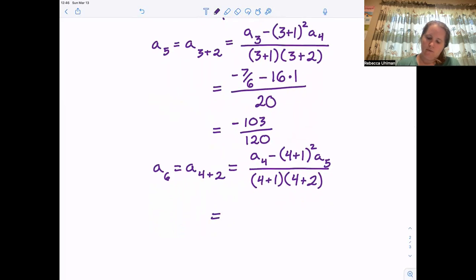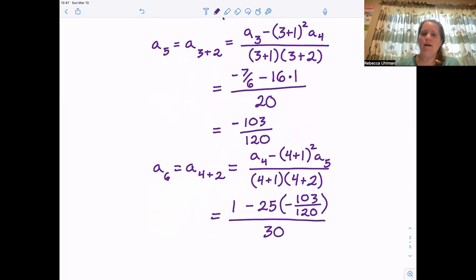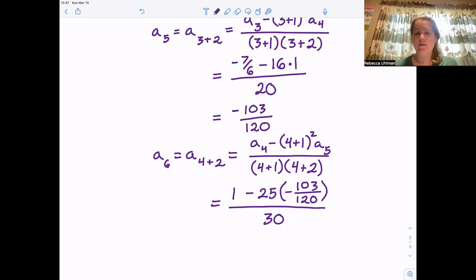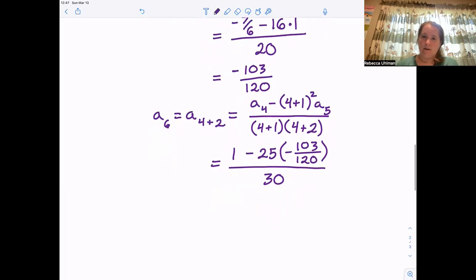A sub 4 was 1 minus 25 times negative 103 over 120. All of this divided by 30. And I'm going to just leave it at that at this point. But as you can see, we can find the coefficients. Actually, we'll go ahead and finish.